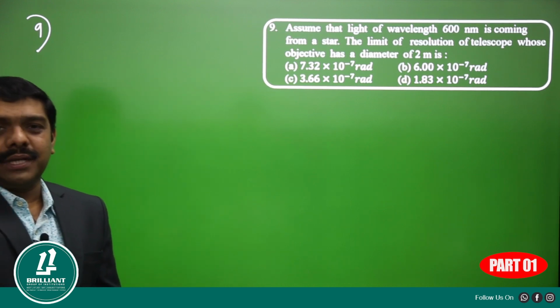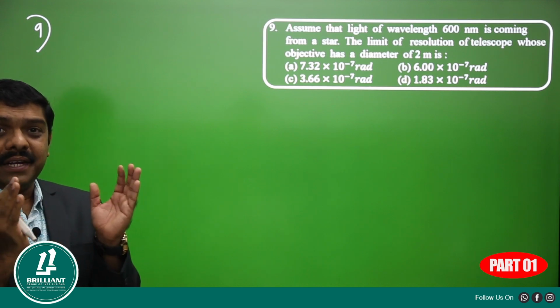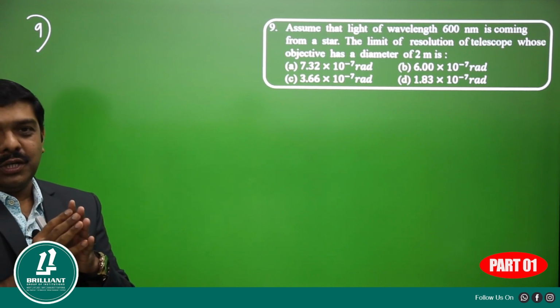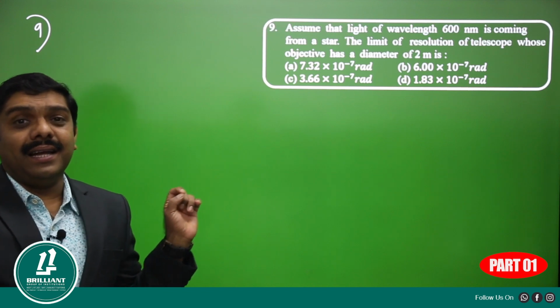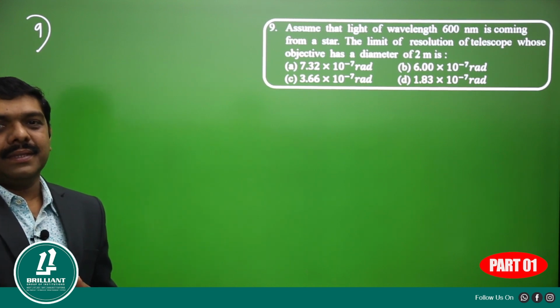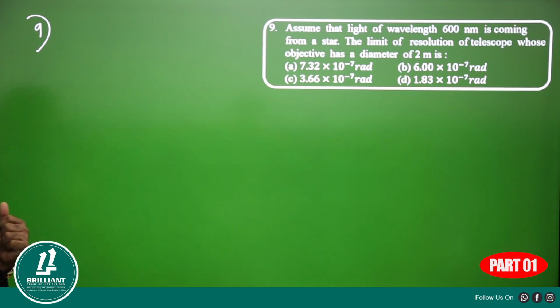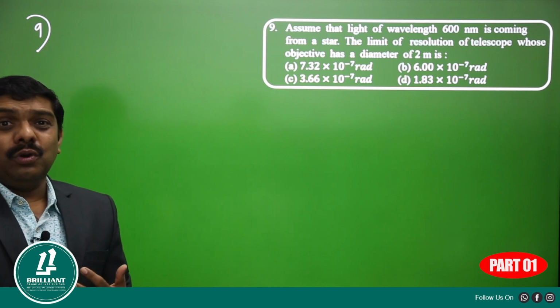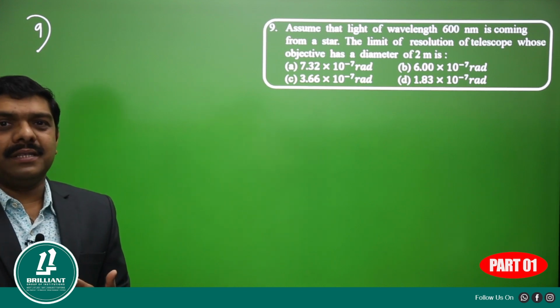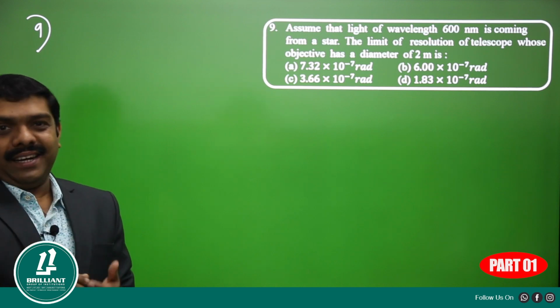Limit of resolution means the minimum distance between two closer objects to be just seen as separate. We are considering this limit of resolution in +2 in the chapter wave optics. We studied the limit of resolution of a telescope.